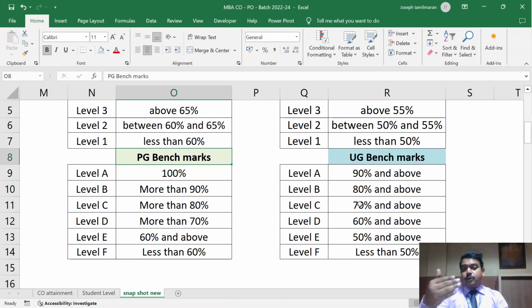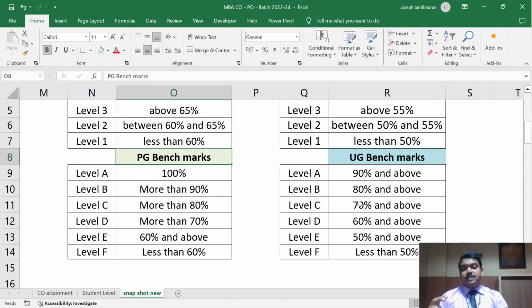We can see there are two sets of levels on my screen. One says level 1, 2, 3, and then you see level A, B, C, D, E, F. So in our college, we are using two matrices. The first matrix for course outcome is based on the average marks scored by a particular batch for a particular course outcome. Say, for example, there's a batch of 50 students. We compute the average score attained for that particular CO for the entire 50 students.